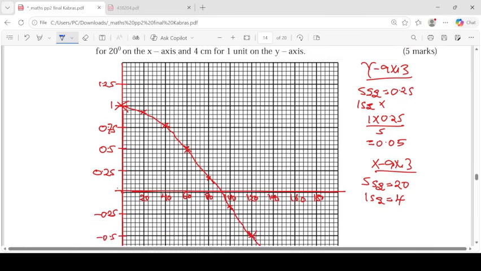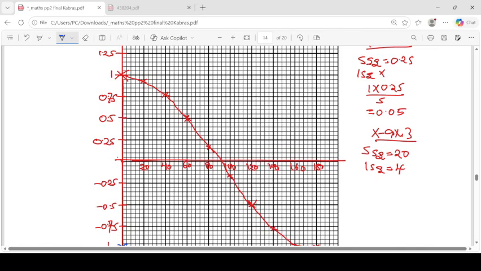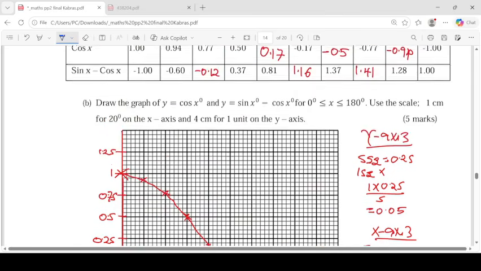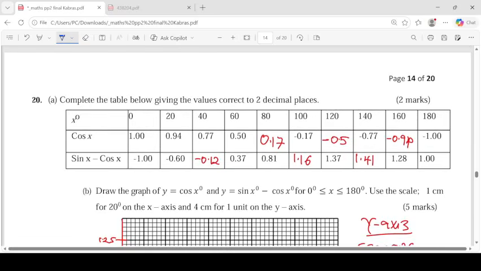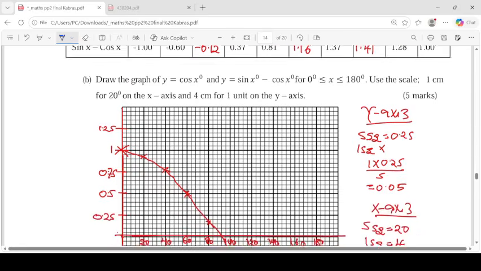That is 12 small squares. So 10, 12 is here. At 40, negative 0.12. So that is 2.4.